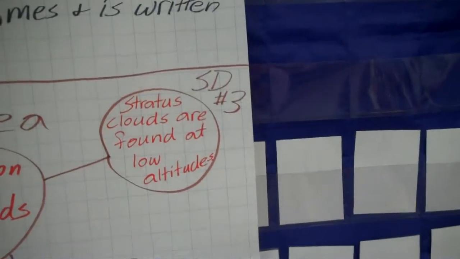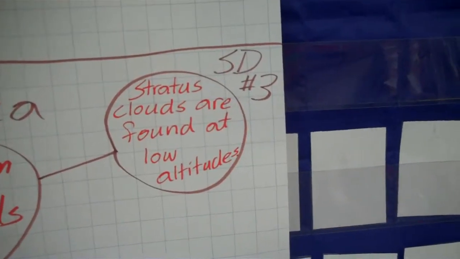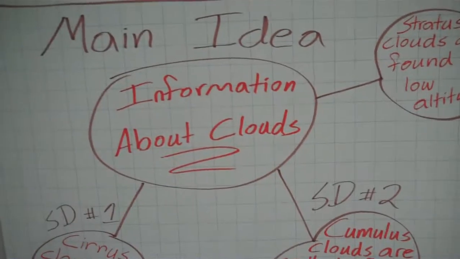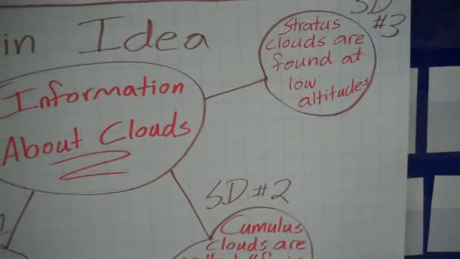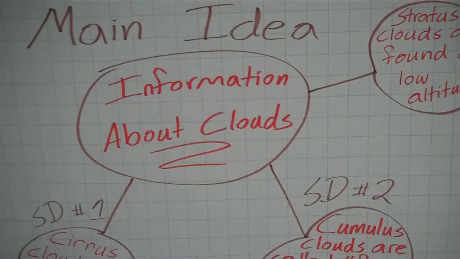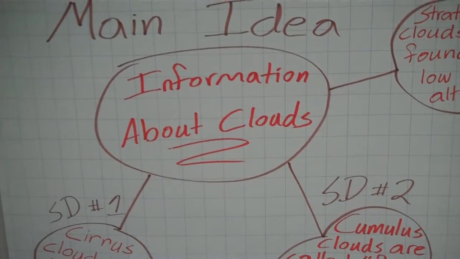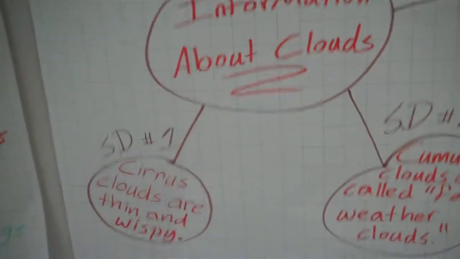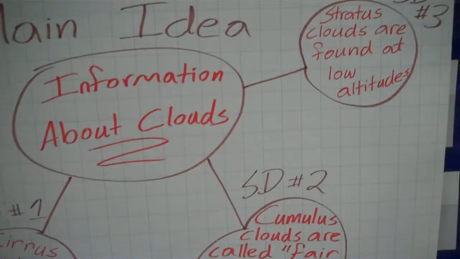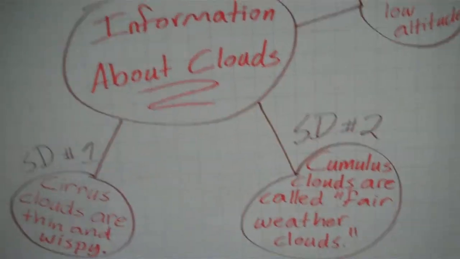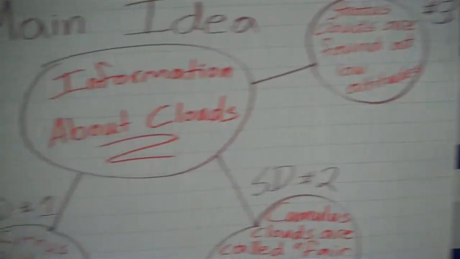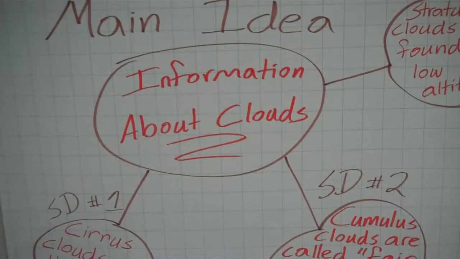Supporting detail number 3, stratus clouds are found at low altitudes, which all leads to the main idea. I can tell from these supporting facts that this writing is information about clouds. The main idea is what it's about. Supporting details are items in the story or whatever writing you're reading that support the main idea. The main idea being about clouds. All of these details support the idea about clouds.